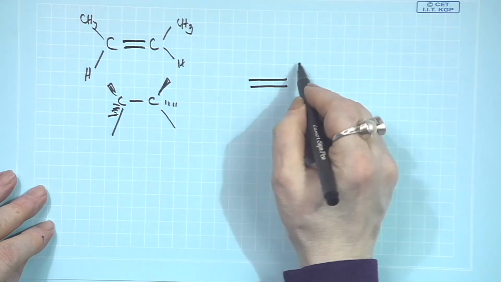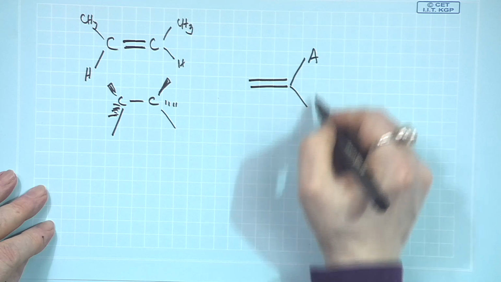Okay. The next question is, an alkene with 4 different substituents does not have an improper axis of symmetry, then why is it not chiral? Let us draw an alkene with 4 different substituents.